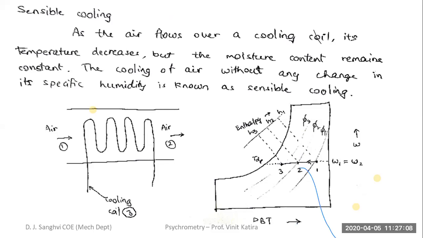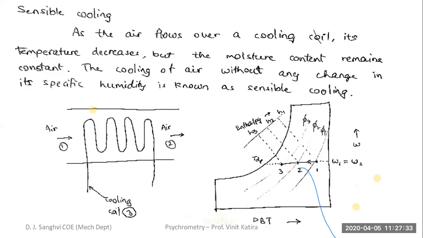Now, in practical cases, the outcoming air is never going to achieve the temperature of the cooling coil because of the fact that some amount of air is going to bypass the cooling coil, or it may happen that the air is not getting enough time for it to give out its heat to the cooling coil.